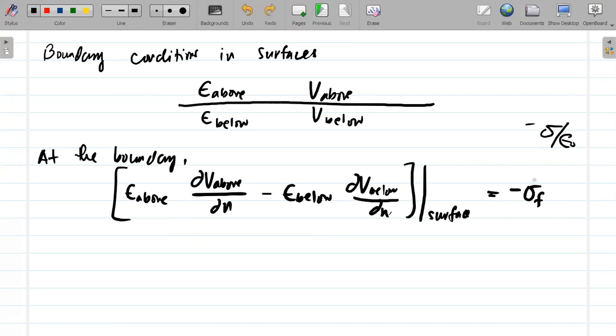Ito naman, free surface charge density. Actually, this one, magiging result siya ng polarization natin. Later on, makaka-encounter tayo ng example nito. Diba ito ay P dot N hat?